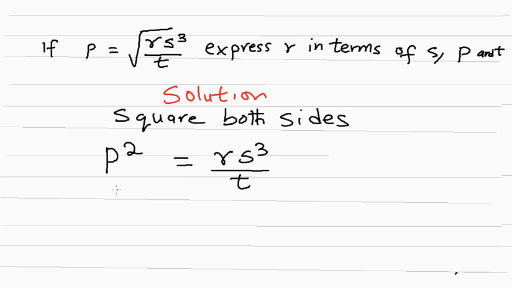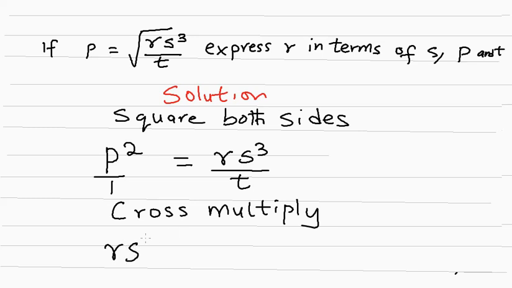So you know what I'm going to do next. The next step is to cross multiply. If I'm cross multiplying, r x cubed multiplied by 1 will give me r x cubed, equal to p squared t.